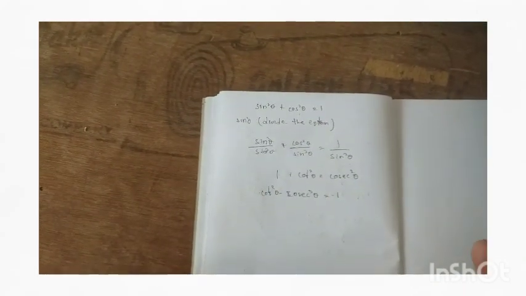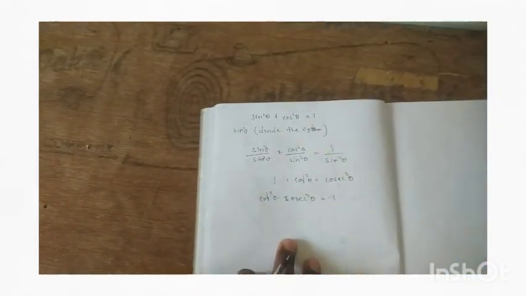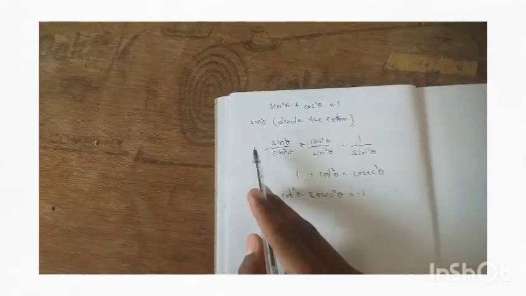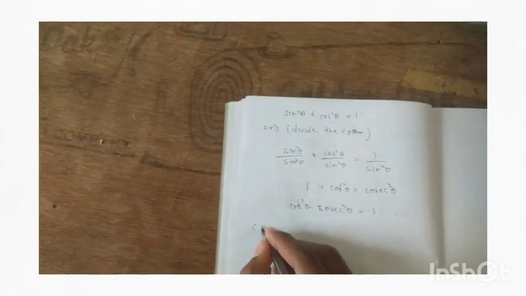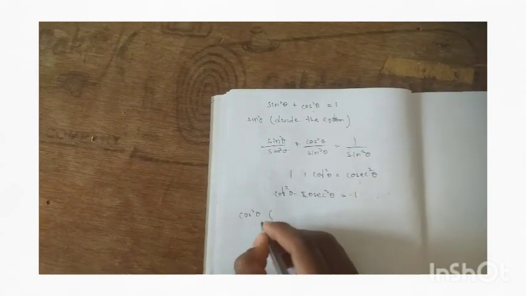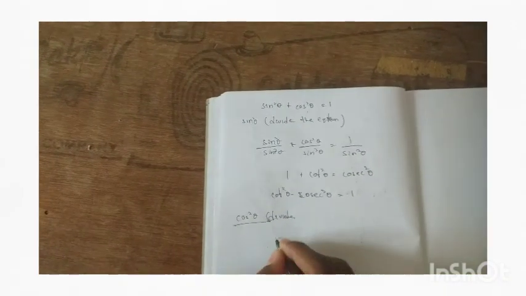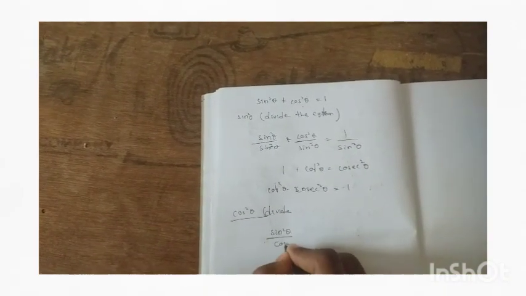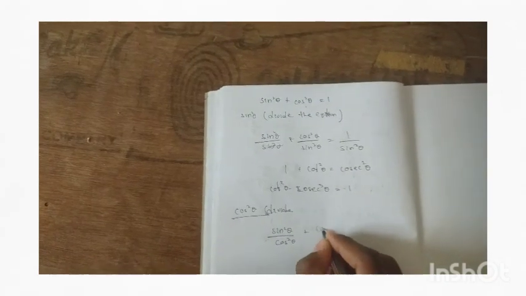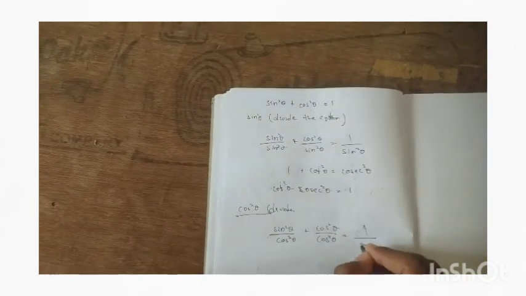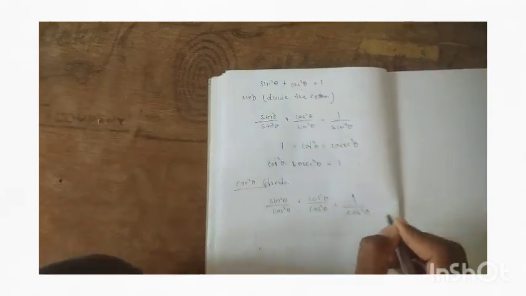And the third identity is simple. In the third identity, we are going to divide by cos square theta only. Sin square theta by cos square theta plus cos square theta by cos square theta equals 1 by cos square theta.